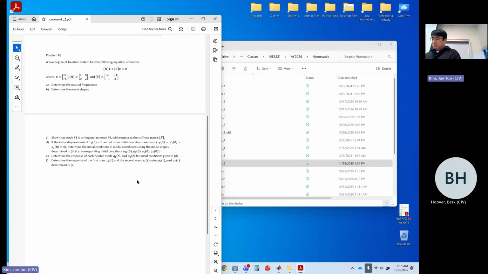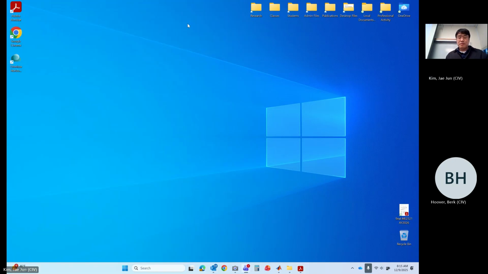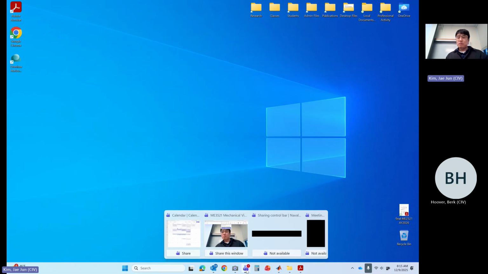Okay, so that's what we have looked at before. But the third question is: show that mode 1 is orthogonal to mode 2 with respect to the stiffness matrix K. So before we do that, let's see if we can come up with a modal transformation.